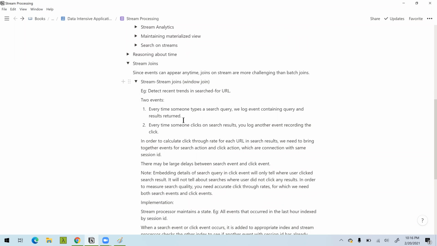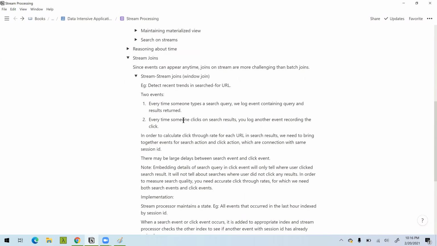Whenever someone searches for something, you provide them some links, and then the user clicks on those links. Now you want to detect, for a particular search, what URL is clicked, what is the trend, that for this particular search people usually click on this link, right? So you want to see that relation. How will you do that?